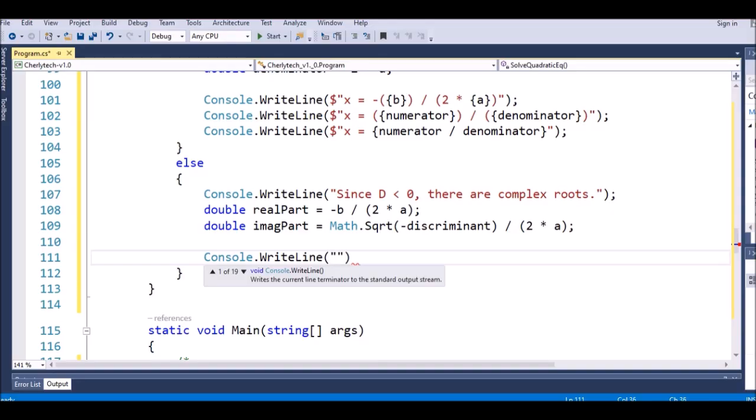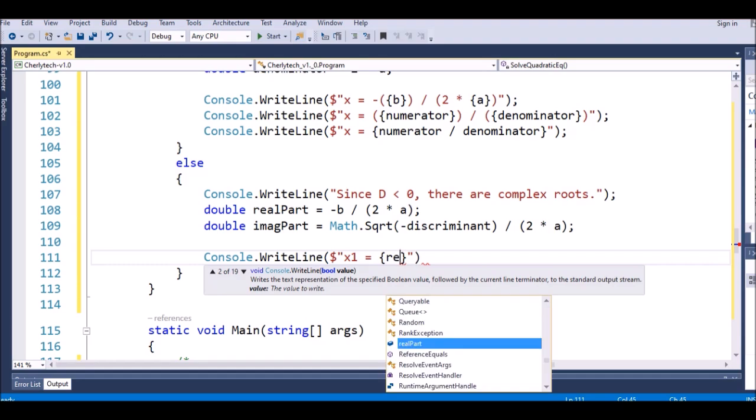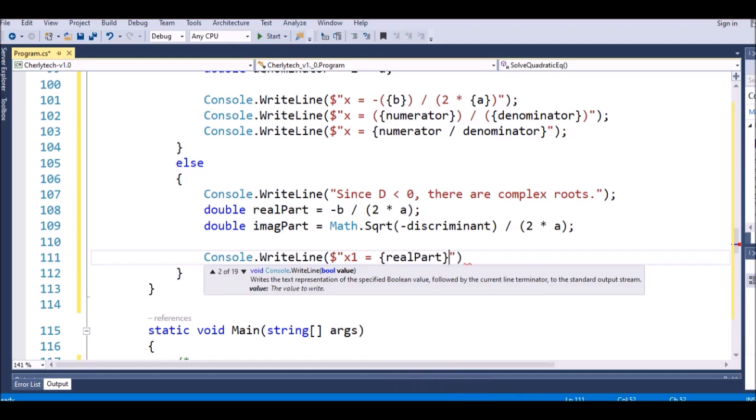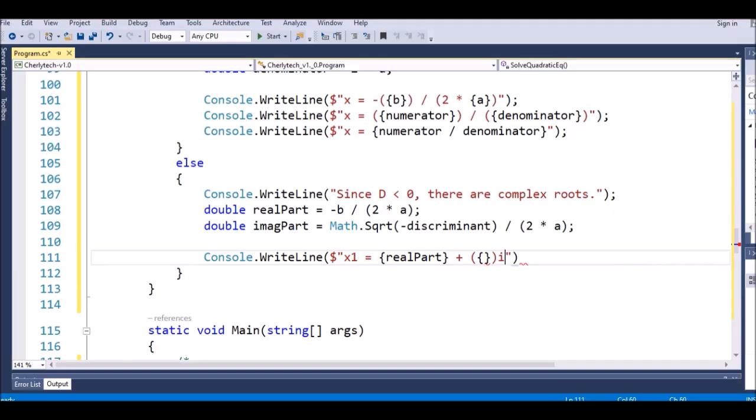And here we say x1 equal, say the real part, right, and plus imaginary part, like this.